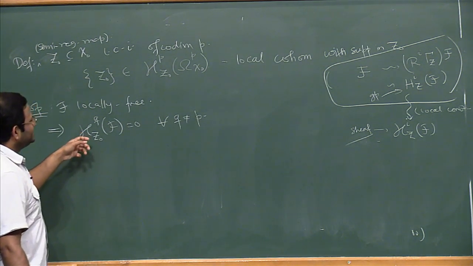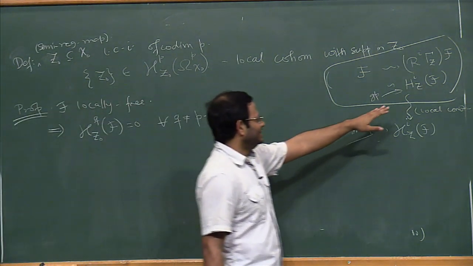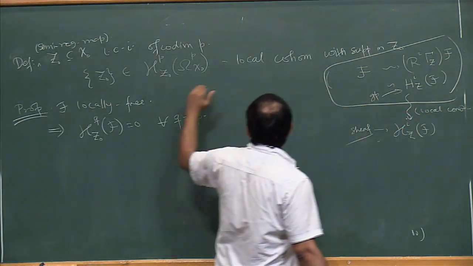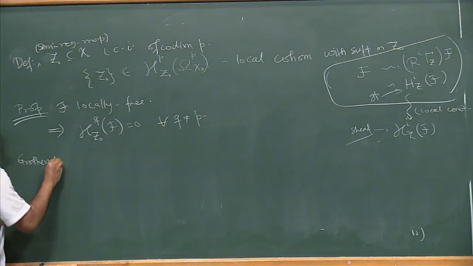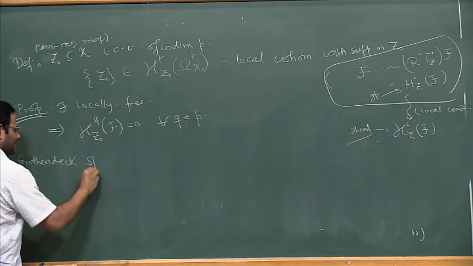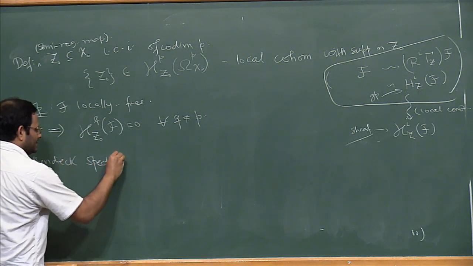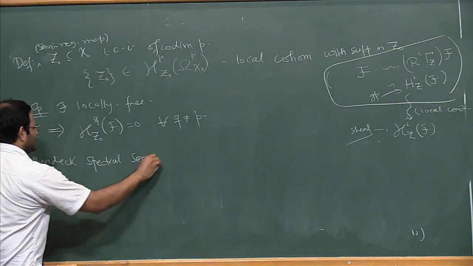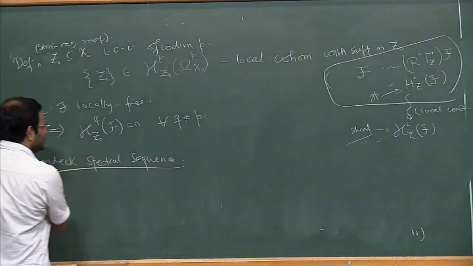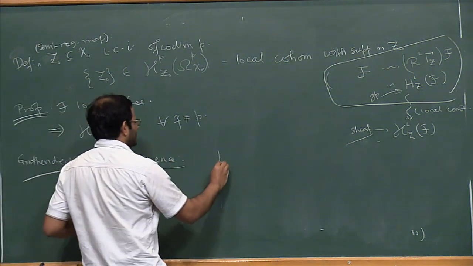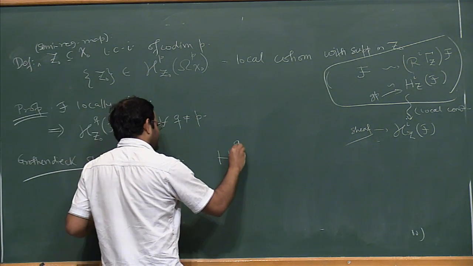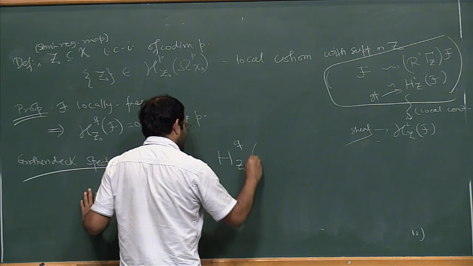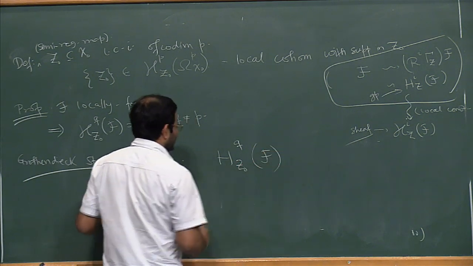the spectral sequence says that there is a decomposition of this object in terms of this object. So there is a spectral sequence which says that H^Q_{Z0}(F).